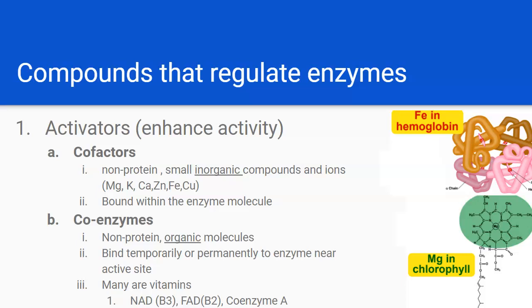NAD, which we'll learn more about later, is vitamin B3. FAD is vitamin B2. And then there's also coenzyme A. All of those are going to come into play when we talk about cellular respiration in a bit. But regardless, they bind near the active site of the enzyme and they can help facilitate reactions.